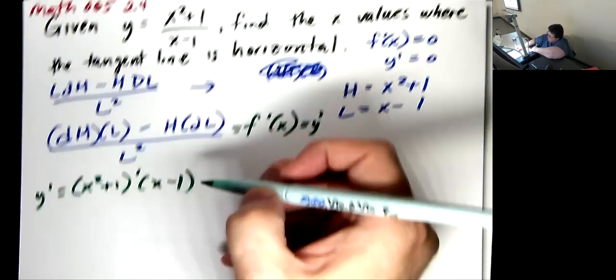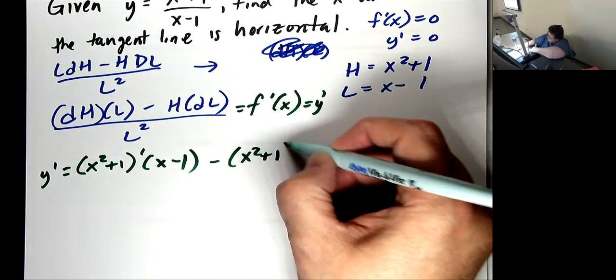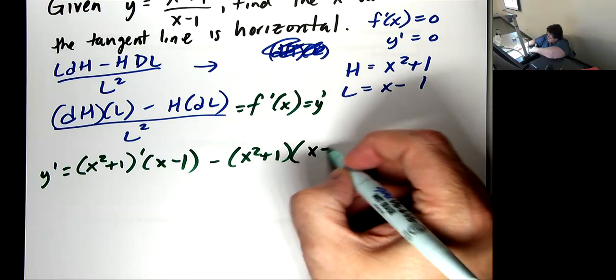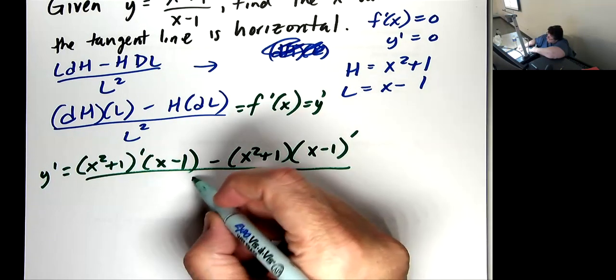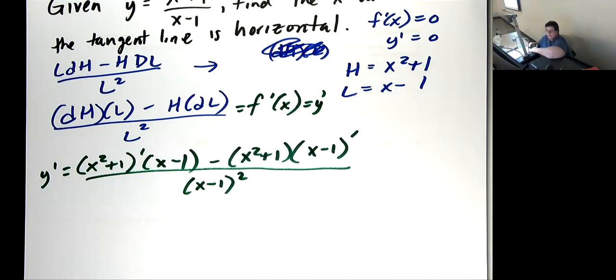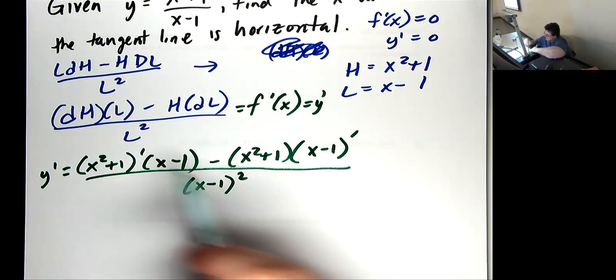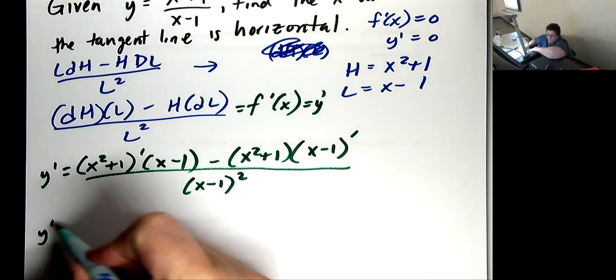And then we have low minus high, which is x squared plus 1, times the derivative of the low, which is x minus 1 prime, all over low squared, which is x minus 1 squared. So we got low d high minus high d low, or doing it like the product rule, but with the minus sign instead. Now let's go ahead and take those derivatives.